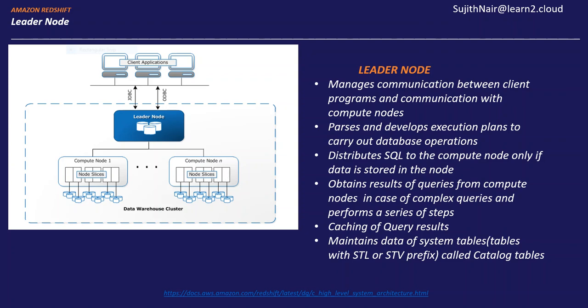So the question we have to ask ourselves is, when an Amazon Redshift developer creates a table and inserts data into the table, how will Redshift decide on which compute node the data should be stored?